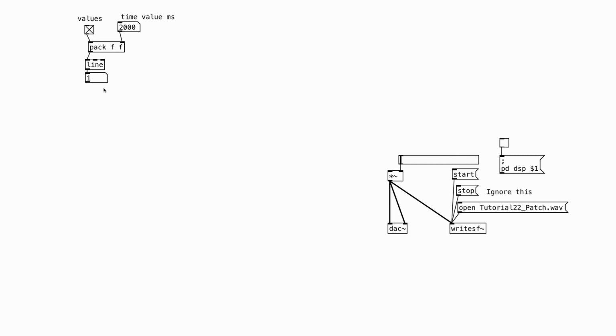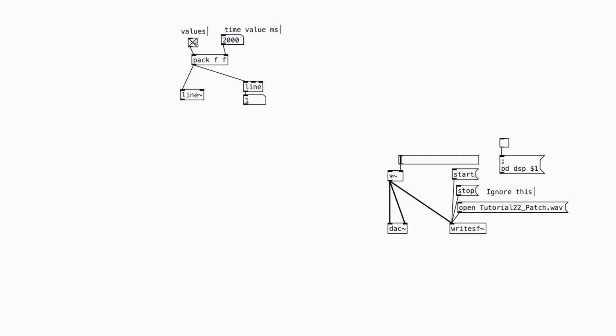Okay, so we have also the line tilde object, because this one is for control signals, but we also have the version for audio signals. And for instance, if we are interpolating between 0 and 1, we can use this to control the amplitude of an audio signal, for instance, an oscillator.